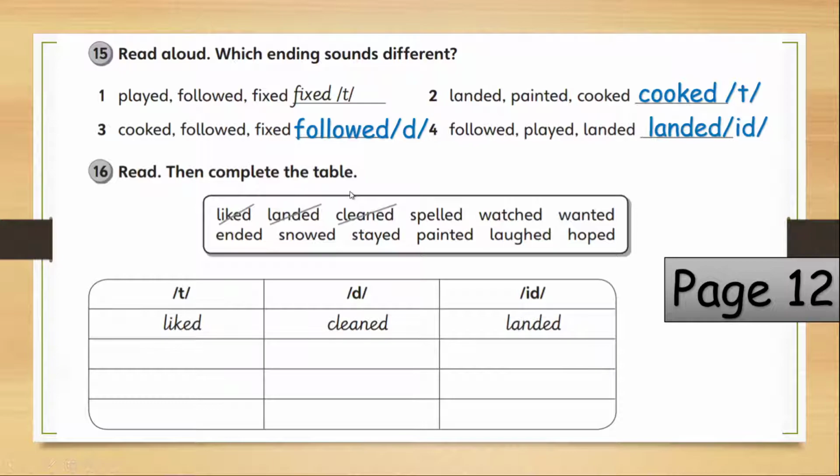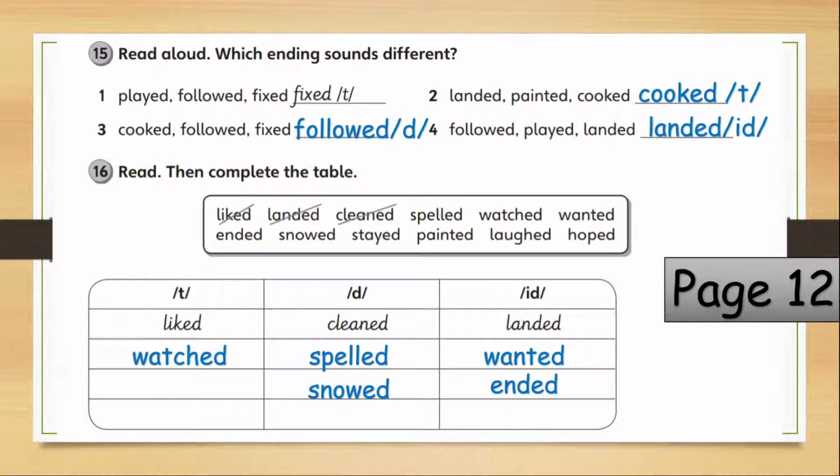Read, then complete the table. Liked. T. Landed. Ed. Cleaned. D. Spelled. D. Watched. T. Wanted. Ed. Ended. Ed. Snowed.